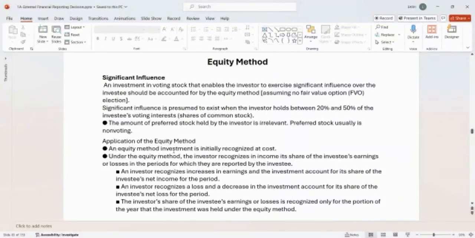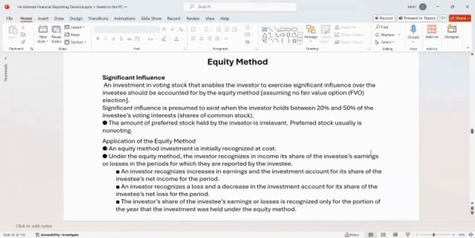Application of the equity method. An equity method investment is initially recognized at cost. Under the equity method, the investor recognizes in income a share of the investee's earnings or losses in the period for which they are reported by the investee. An investor recognizes increases in earnings and the investment account for its share of the investee's net income for the period.